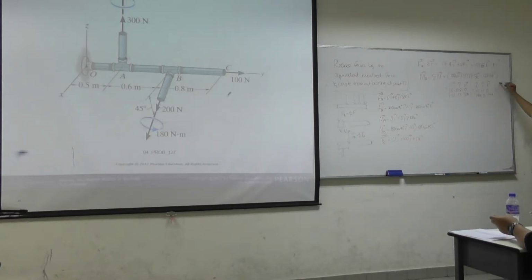I, J, K, R will be 1, 0, 1.9, 0, 0, and 100, 0, right? And clearly here is 0, 0, 0, 0 and 0, 0.